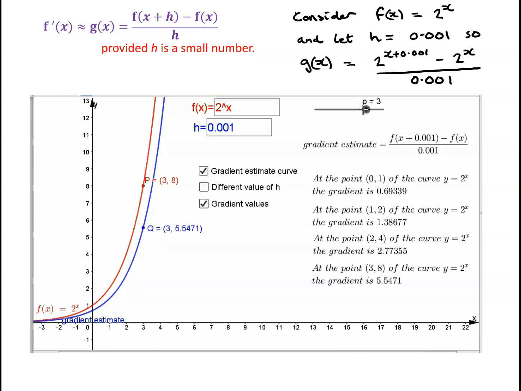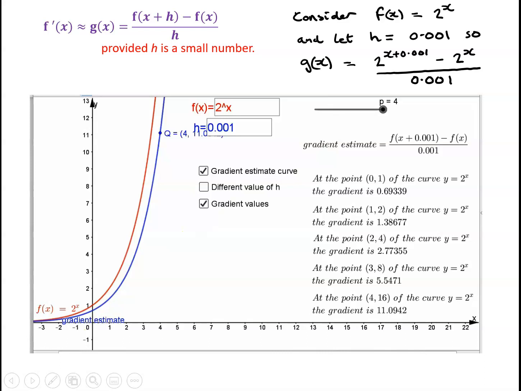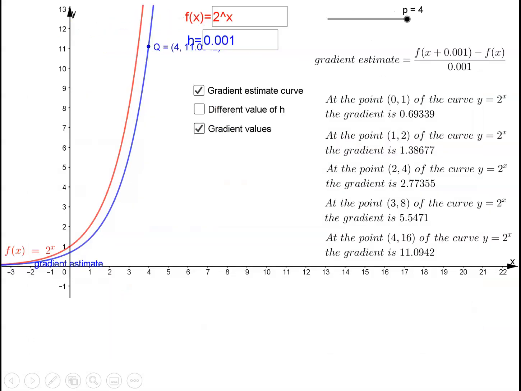At the point (3, 8), the gradient is 5.5471. And at the point (4, 16), the gradient is 11.0942. So let's summarize that on the next page and have a look more carefully at the values that we've got.